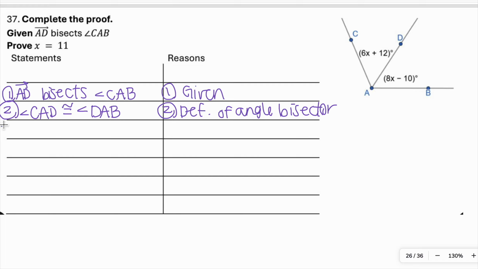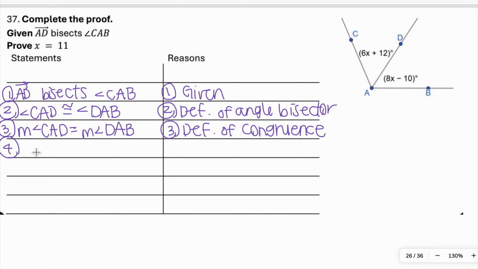And then, because I'm going to plug in some numbers here, I'm going to say the measure of angle CAD is now equal to the measure of angle DAB using definition of congruence. And then step 4, now I'm going to substitute. CAD is 6x plus 12, and then DAB is 8x minus 10. So step 4, substitution.